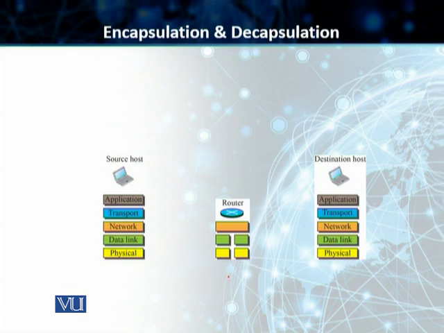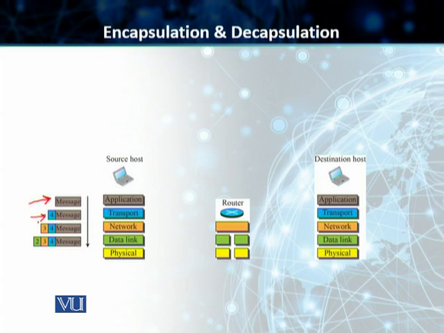Students, source host, 5 layers. The application layer of the source host generates a message. The message goes to the transport layer, and the transport layer encapsulates the message by adding a transport layer specific header, represented by number 4 here, to this message.